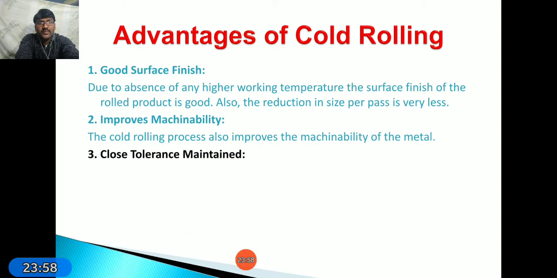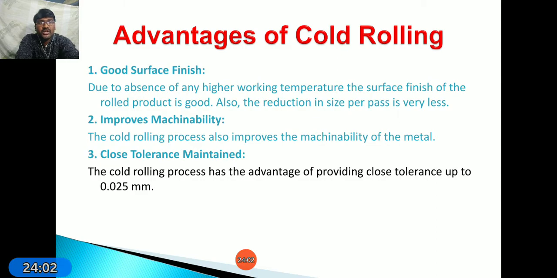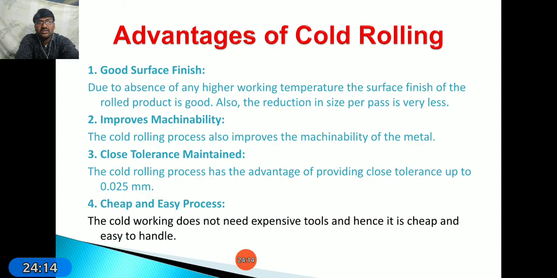Close tolerance can be maintained by using this cold rolling process, that is, we can maintain up to 0.025 mm. It is a very low tolerance we can maintain by using cold rolling. Next, it is a cheap and easy process. Here, because we are not using any heating equipment, the cost will be reduced.